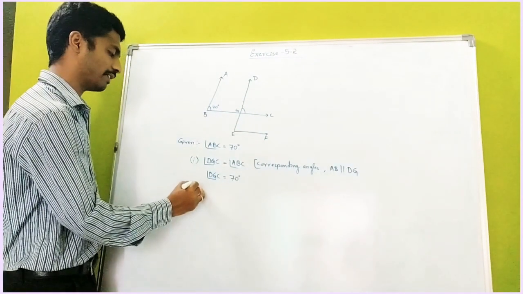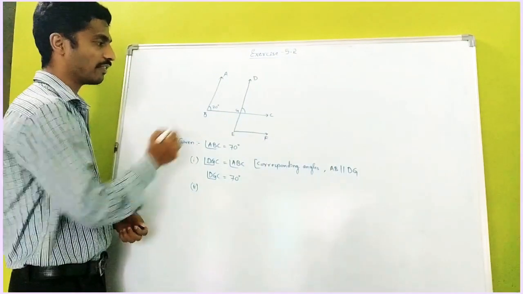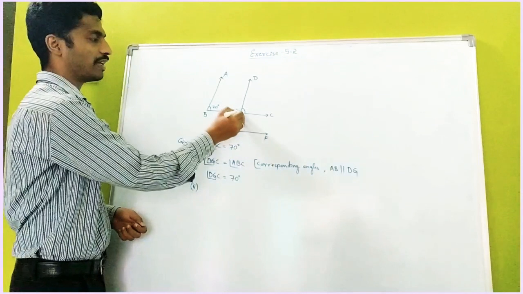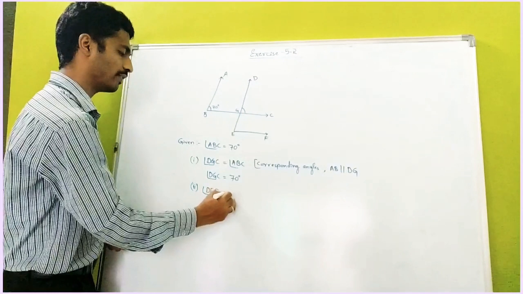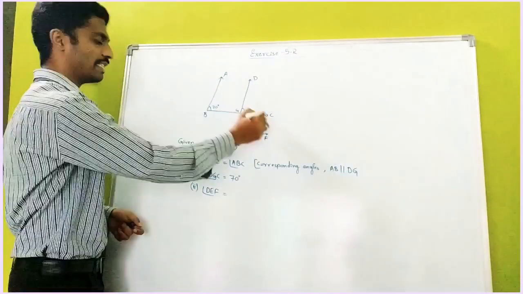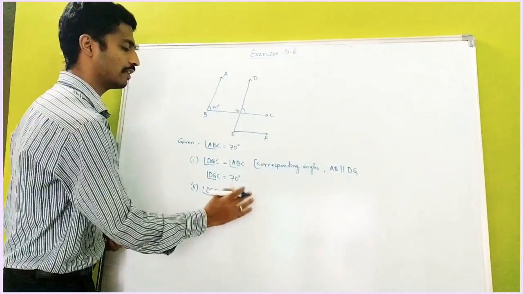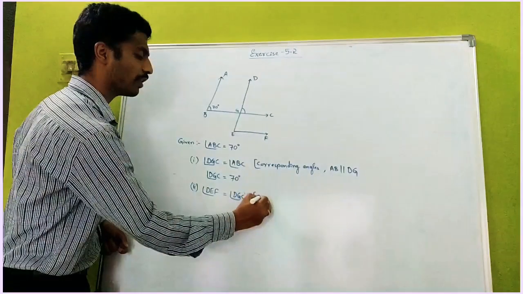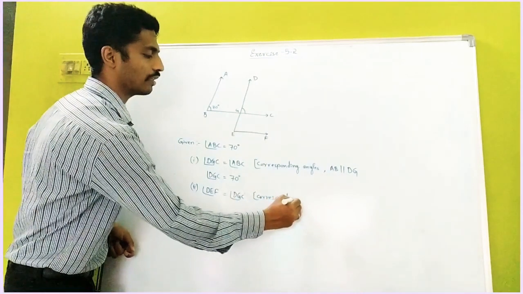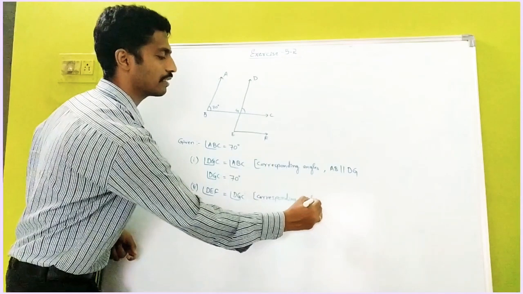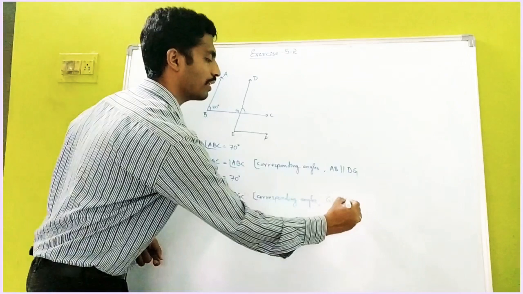Similarly, in the second part, what do we have to find? We have to find DEF. DEF is nothing but GEF. So it is also equal to DGC. Why? These are also corresponding angles, where GC is parallel to EF.